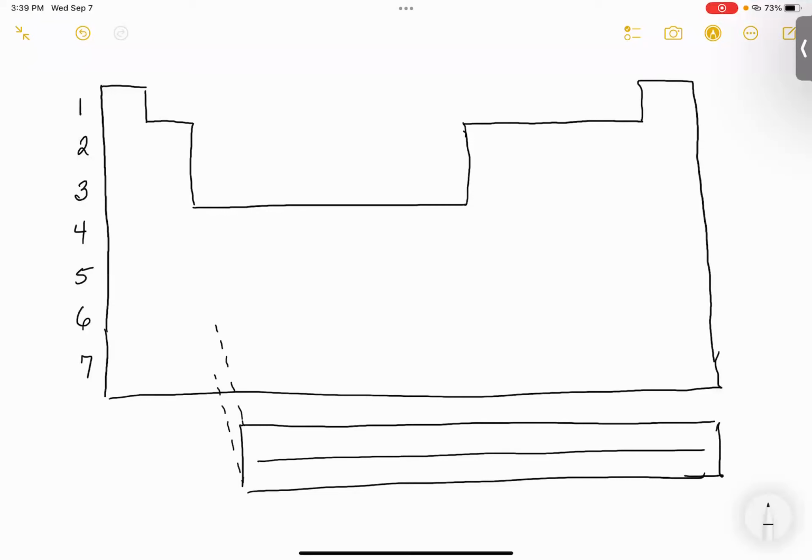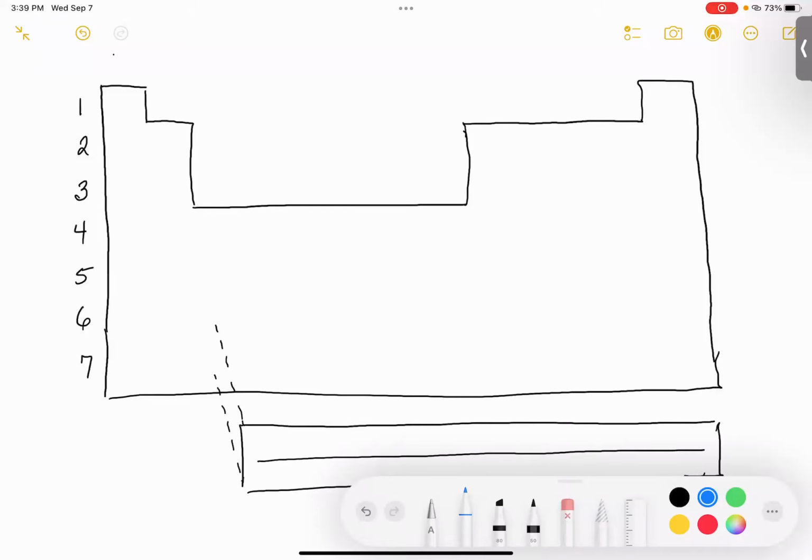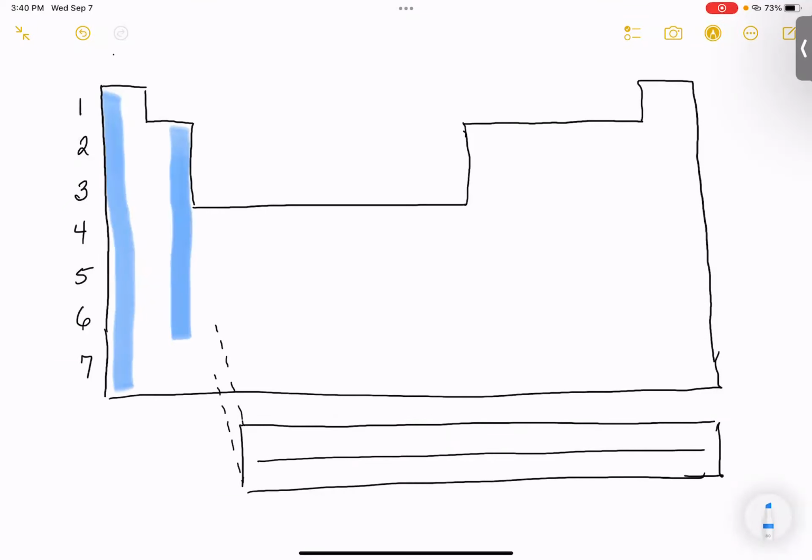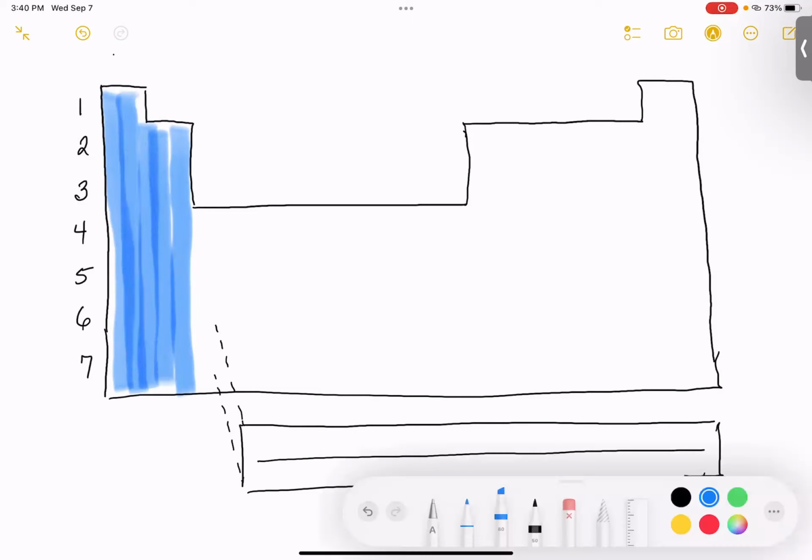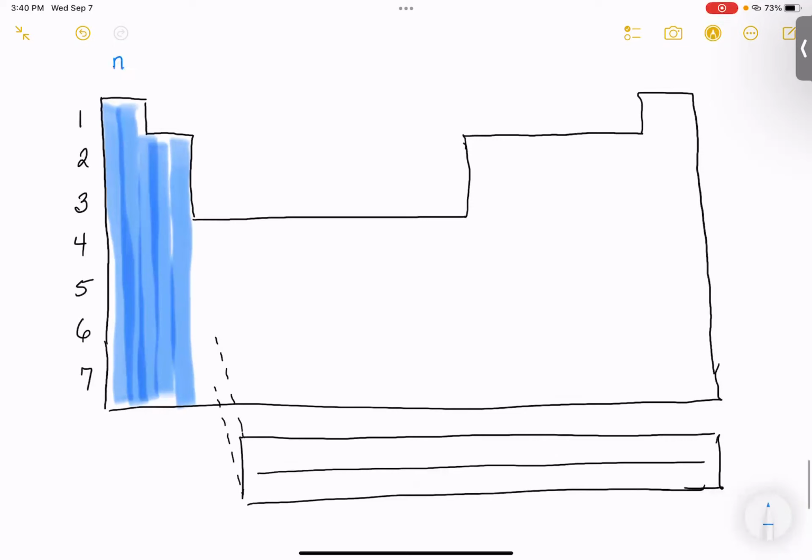So this group, basically, your alkali metals and your alkaline earth metals are the NS, where N equals X, and X, when I refer to X, I'm referring to the period numbers.